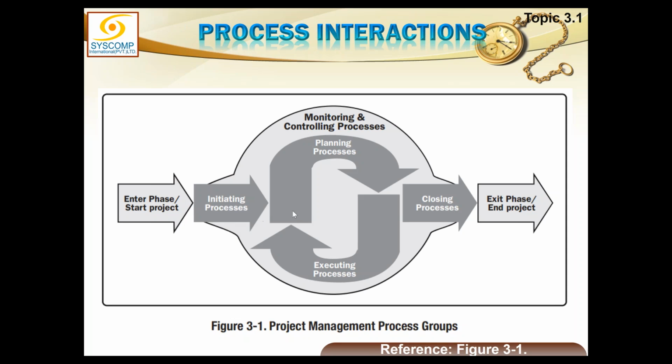But there is an entry point and an exit point. The initiation process group serves to initiate this cycle. And the closing process is when all the requirements have been met, and then it serves to close this process. That's why projects have a finite duration. They start at some point and they finish at some point, always.